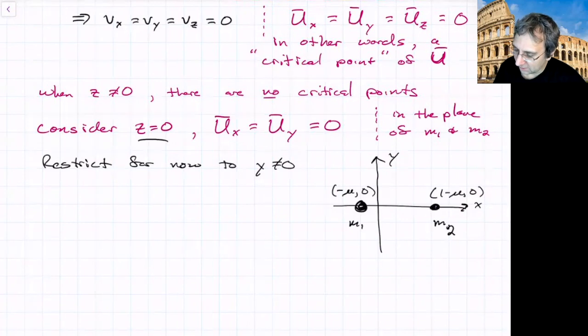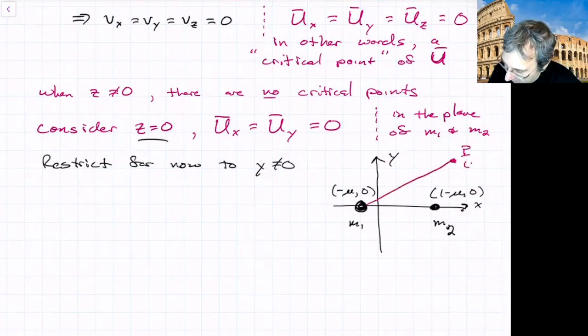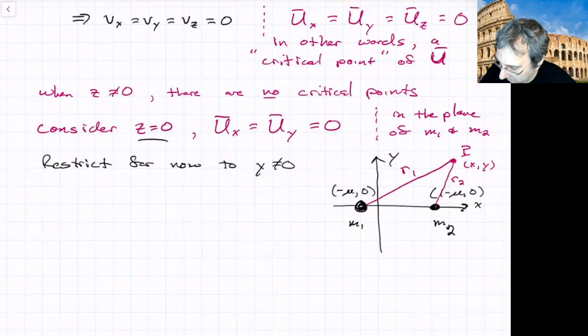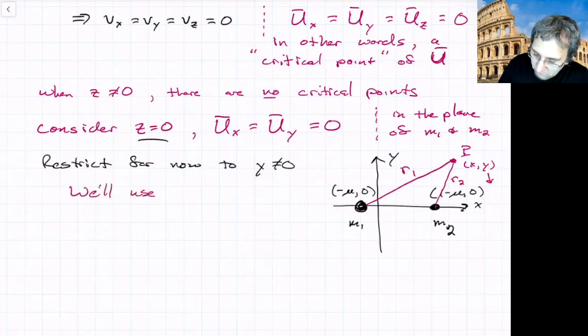And looking off of the x-axis, it actually makes sense to consider, for point P, instead of using x and y, we can use the distance to the point M1 and the distance to the point M2. So instead of x and y, we'll use R1 and R2 as our variables.